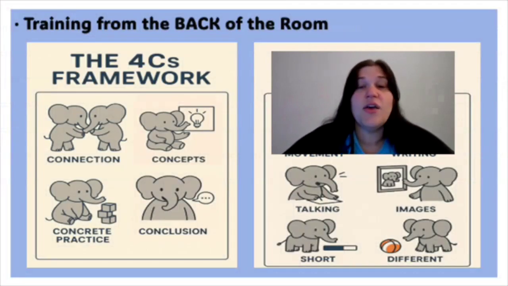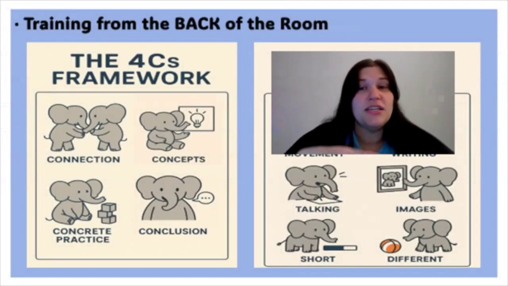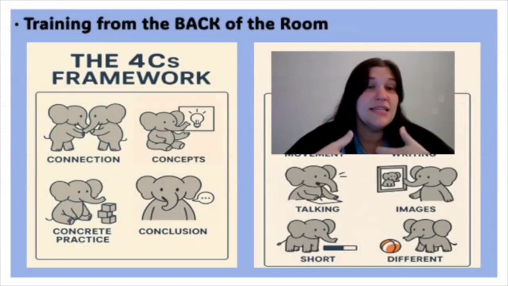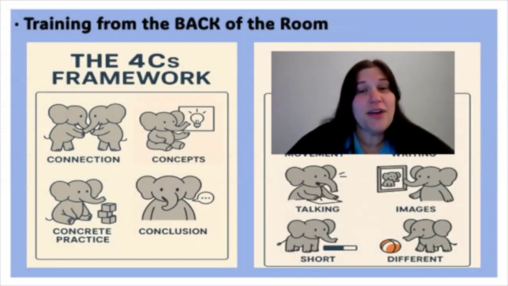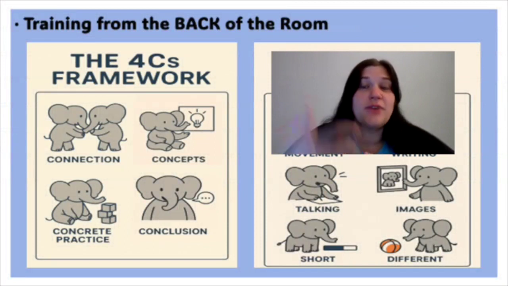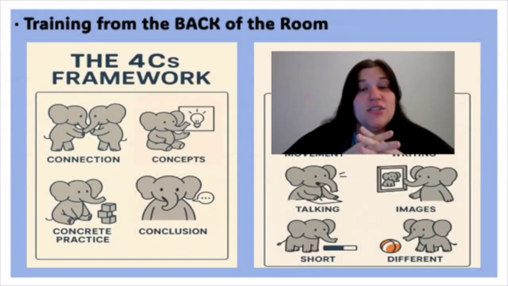So connection, which is our connecting learners to learners and learners to the information that they already know, priming them to learn new. Concepts, which is learners gaining new information in multisensory ways, keeping it in short chunks. And then concrete practice, so learners actively practice or engage with the new information, merging it into what they already know.